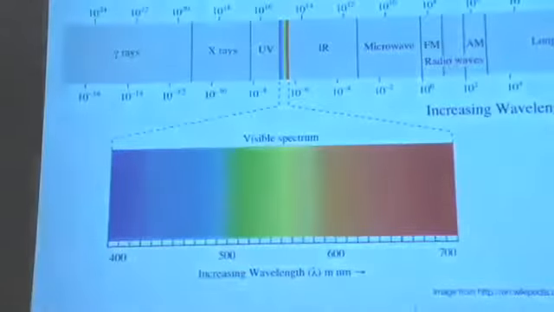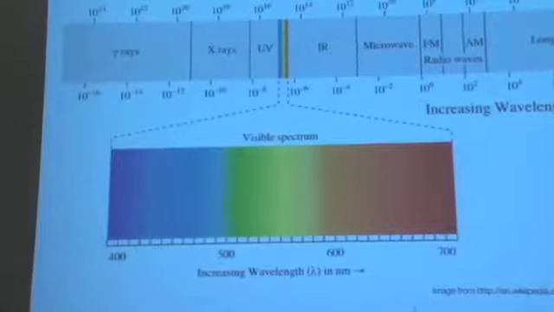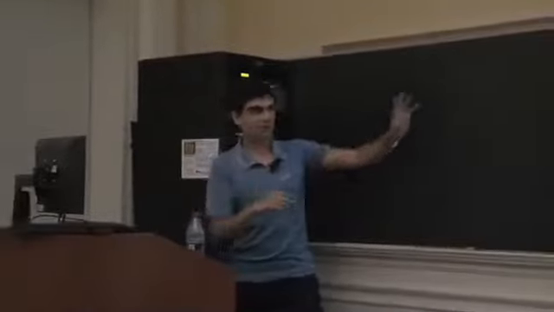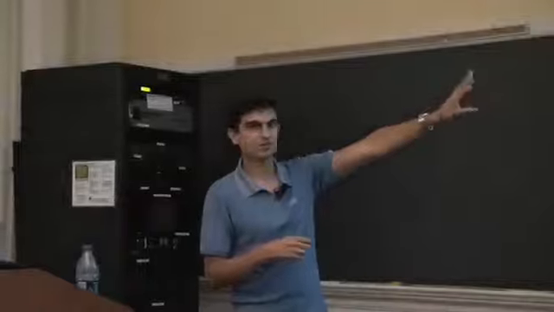This is very interesting from an evolutionary standpoint, because we have evolved to be more sensitive to the most efficient output from the sun, which I think is a pretty interesting side story. But anyway, if you're ever wondering why we see that specific part of the spectrum, that is likely why.